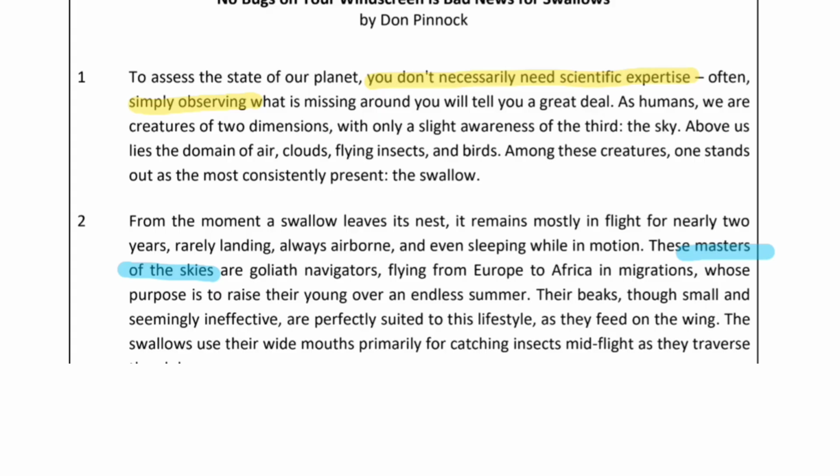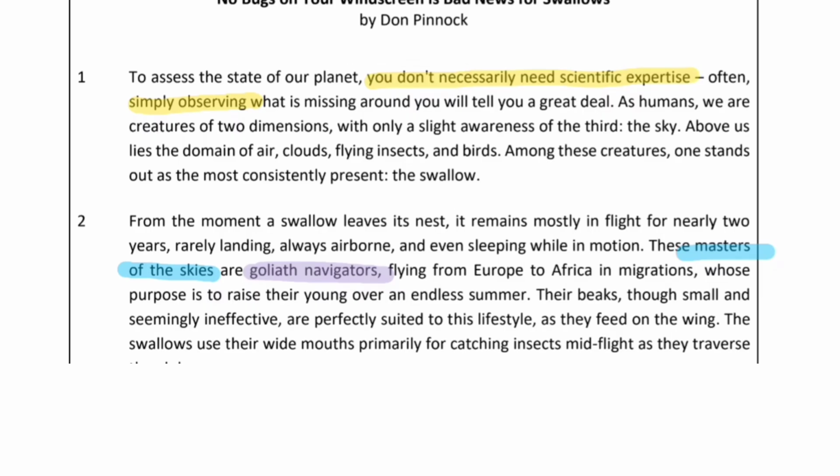And if we continue, we have: these masters of the skies are Goliath navigators. This is a biblical reference. Goliath versus David, or David versus Goliath. When you think about Goliath, what comes to mind? His physicality. Goliath is strong and giant-like. We can infer some kind of dominance, right?